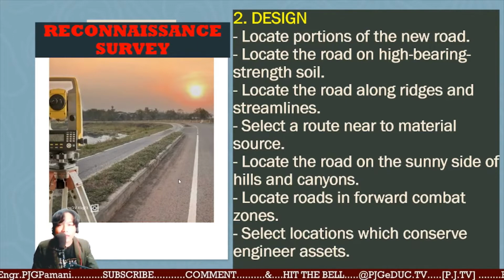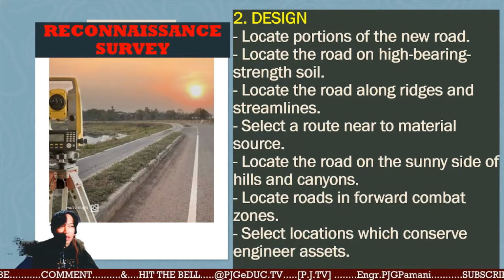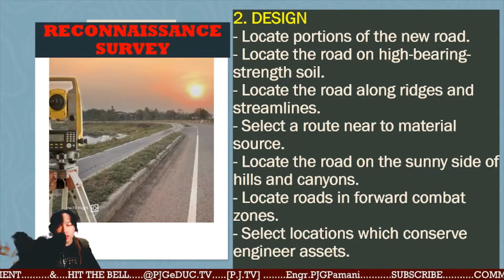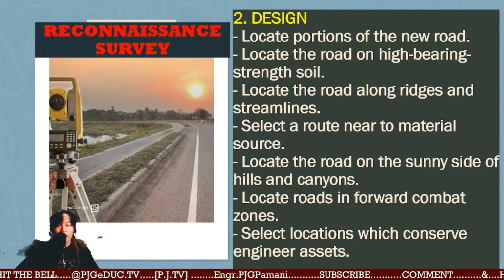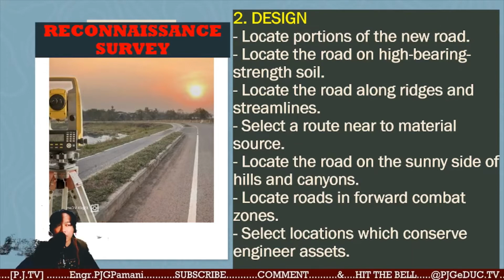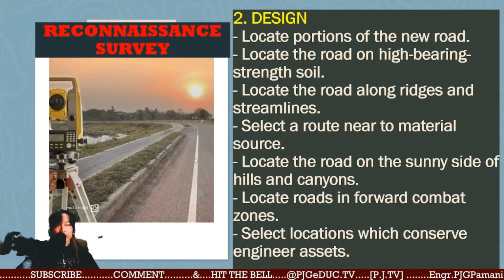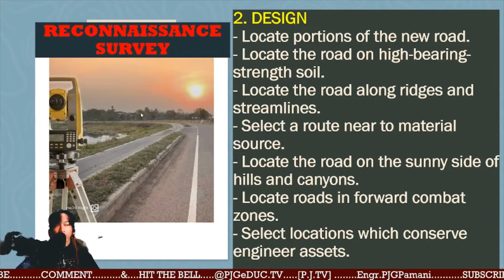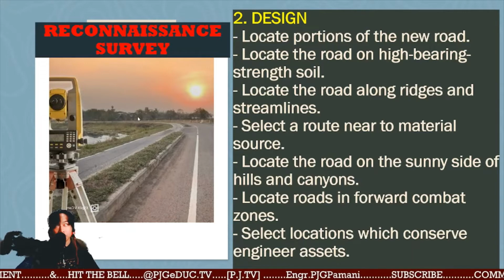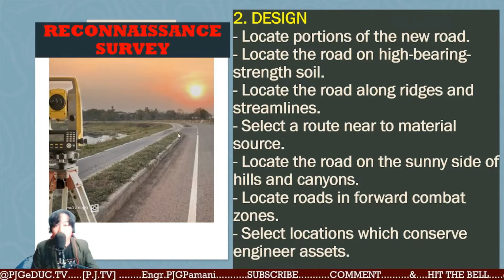Very important is that the location where you are going to build your roadway is close to a specific source of the materials for the construction, or close to a well-populated section.